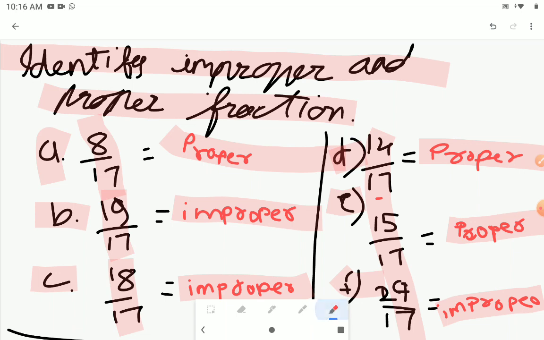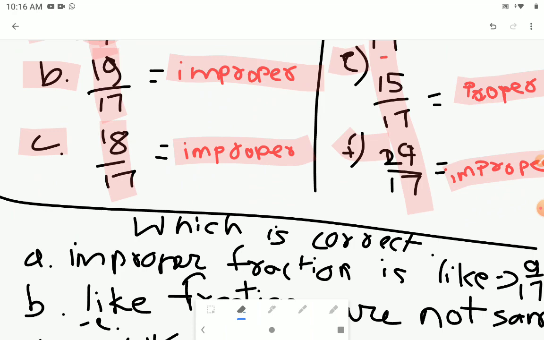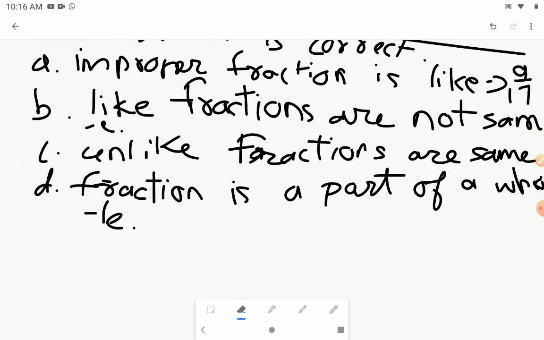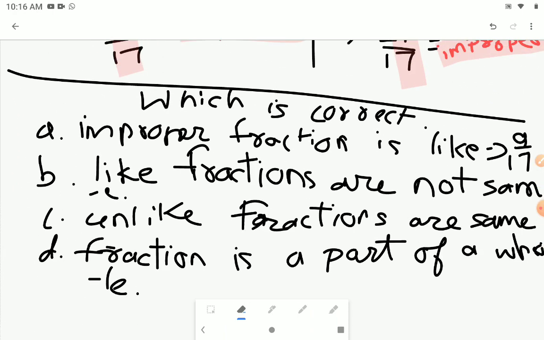Let's move to our next quiz. Okay, coming to the next quiz. The question is, which is correct?